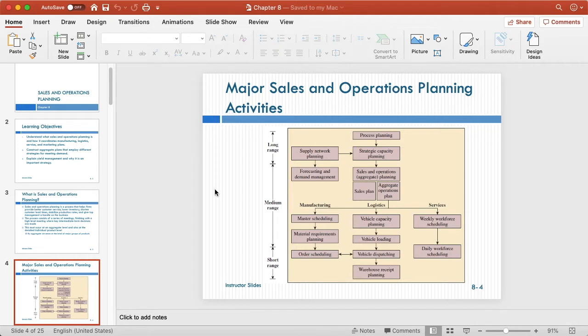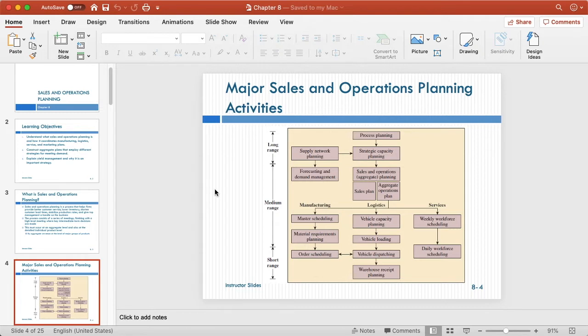On the other side, the operations plan provides input into the manufacturing, logistics, and service planning activities of the firm. So the sales plan is more related to marketing, and the aggregate operations plan is more related to daily or normal operations.